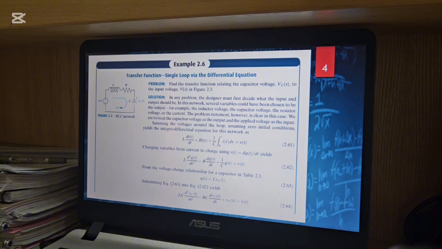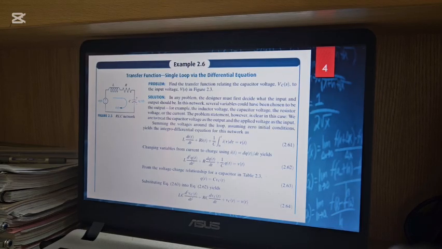So the solution: in any problem, the designer must first decide what the input and output should be. In this network, several variables could have been chosen to be the output, for example, the inductor voltage, the capacitor voltage, the resistor voltage, or the current. The problem statement, however, is clear in this case.